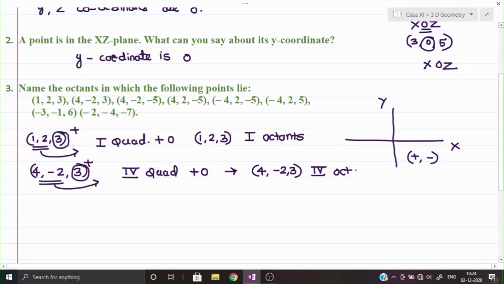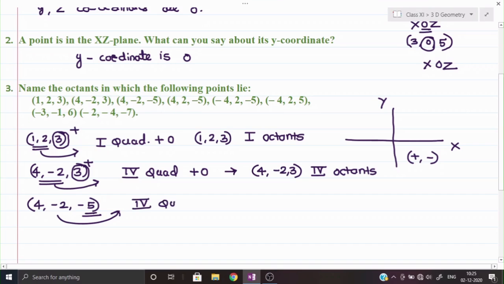Let us see some more points to clarify. (4, -2, -5). The same point is given, only they have made the z coordinate negative. Once again, (4, -2) lies in the fourth quadrant only.